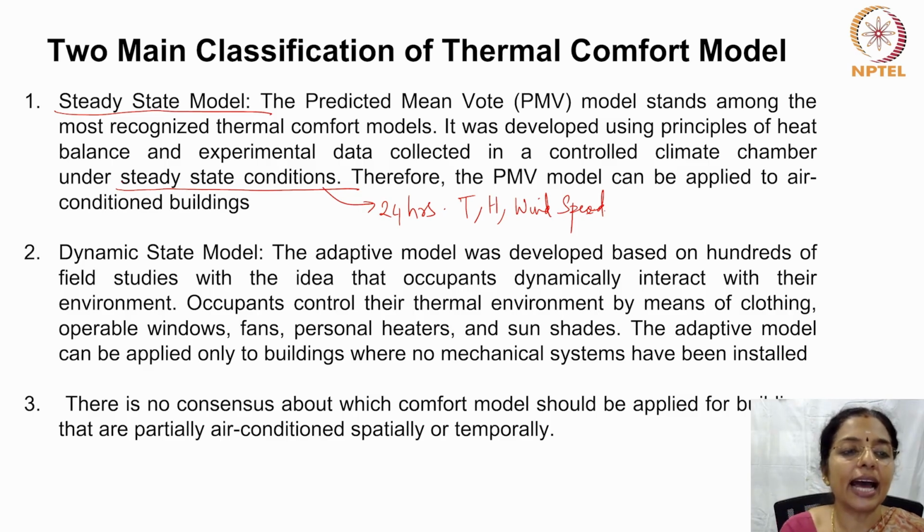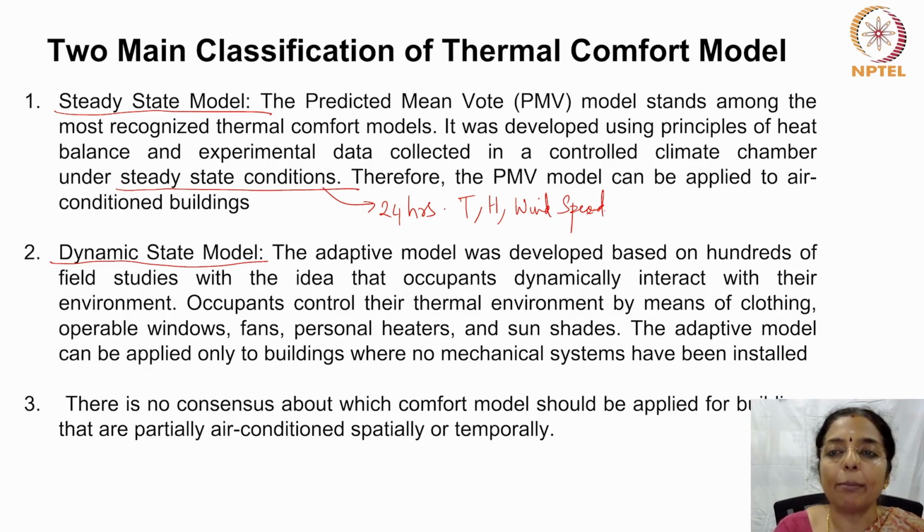Second is dynamic state model. So the adaptive model was developed based on hundreds of field studies with the idea that occupants dynamically interact with their environment. Occupants control their thermal environment by means of clothing or operable things like opening the windows when they feel very sultry, switching on the fans, using personal heaters, and then having some shades and so on.